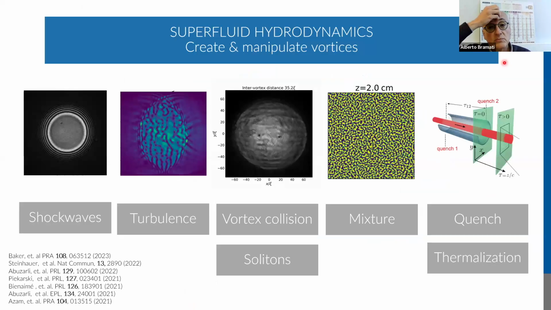Okay, now we have a superfluid, and then we can also study interesting hydrodynamics of this superfluid. There are a lot of experiments that can be done with this fluid of light in propagating geometry: study of shock waves, the study of turbulence, quantum turbulence in particular, vortex collision, mixture of fluids, quench, thermalization, formation of solids, and so on.